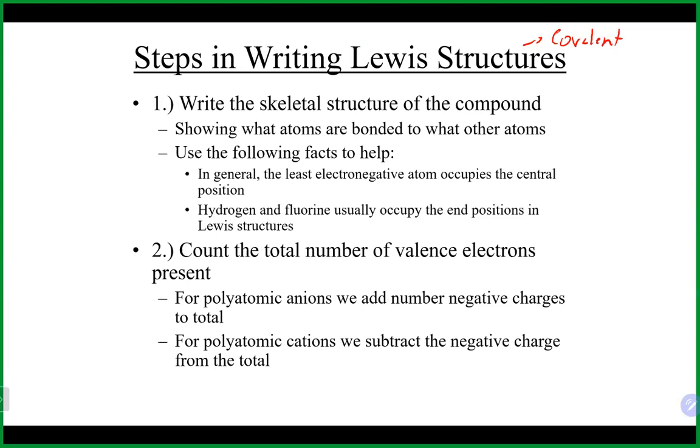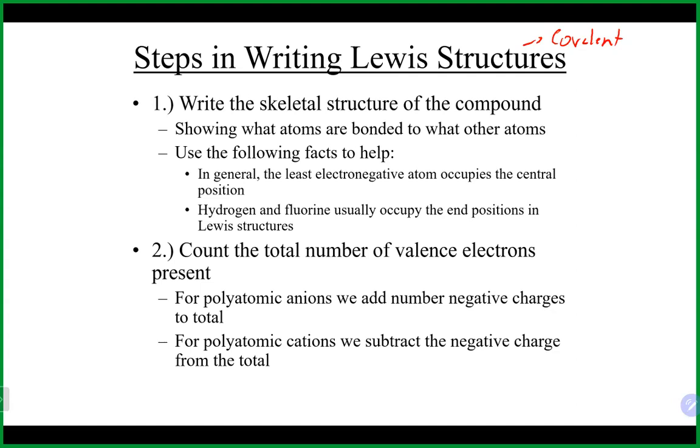You do not want to draw Lewis structures by what's sometimes referred to as piecework, where you just draw all the individual Lewis dot symbols and try to figure out how they all come together. Usually in that case, you'll end up with too many electrons, not the right number of bonds, and things like this.